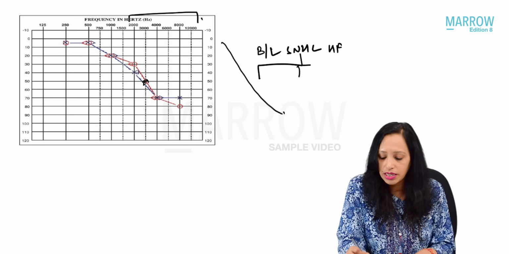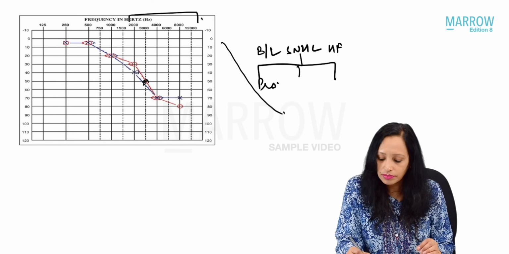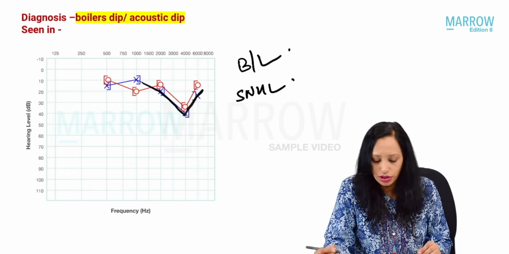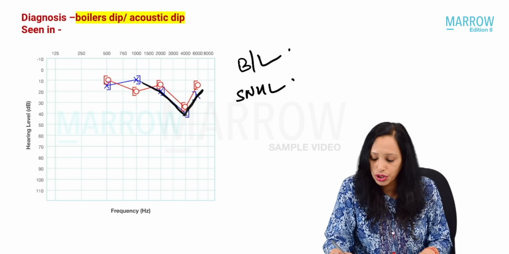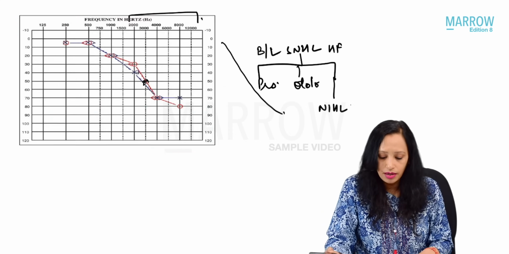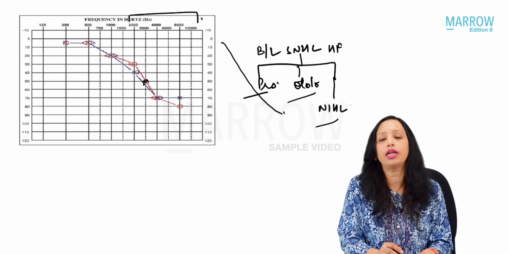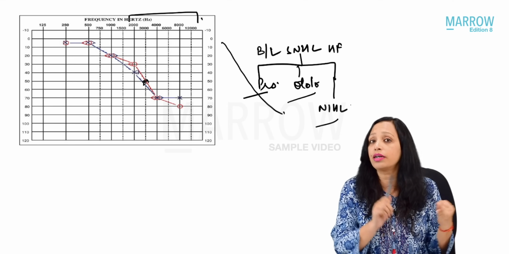And when you see this, there are three things that you think of: presbycusis, ototoxicity and noise induced hearing loss. Though the earliest change that you see in noise induced hearing loss is a dip at 4000 hertz. Yes or no? So now if I ask you that in all these conditions, presbycusis, ototoxicity, noise induced hearing loss, is only the air conduction affected, or both air conduction and bone conduction?